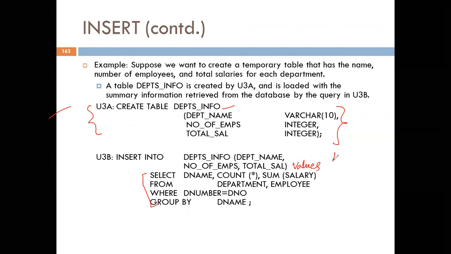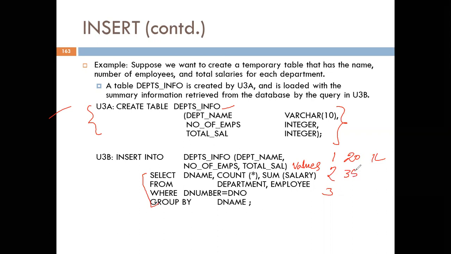So if we have three departments in our database, then three entries will be made. An example would look like this. Department number one, having 20 employees, followed by the salary amount, let us assume 1 lakh.